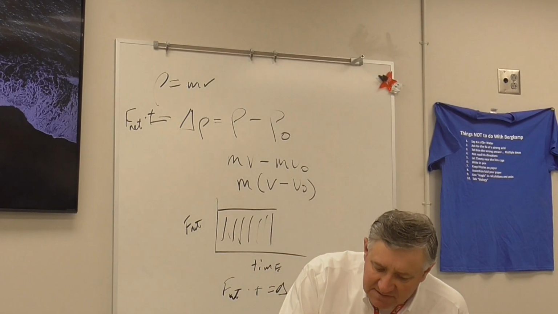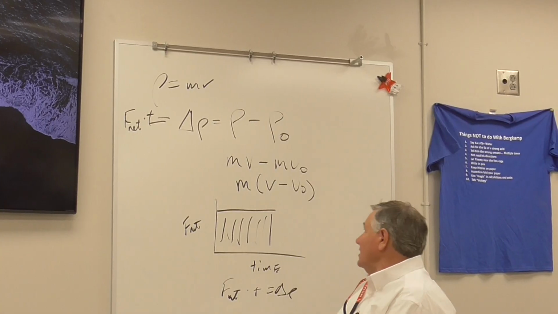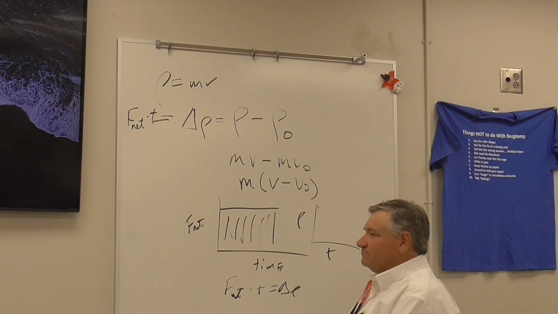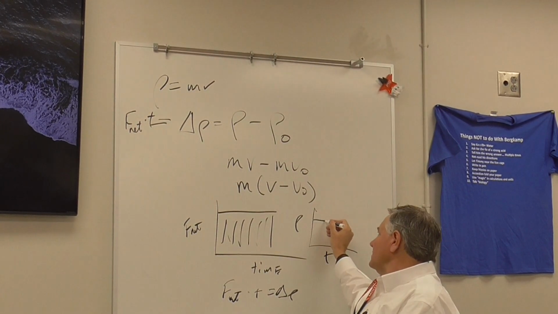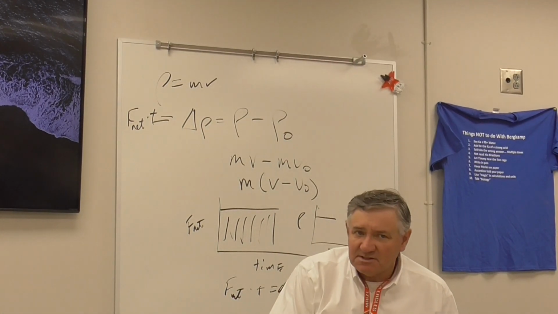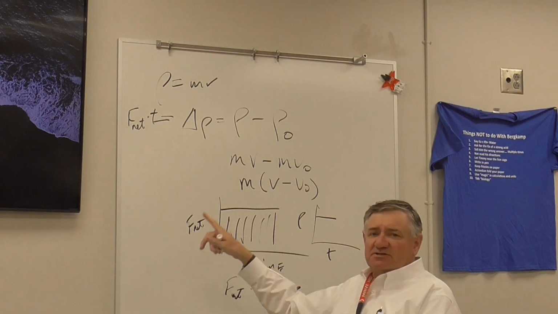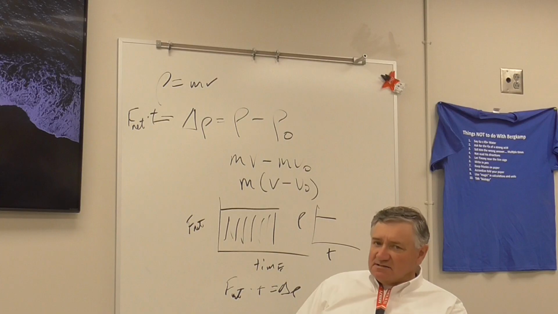Now, when you talk about the slope of a momentum time graph, that's something different. Since this is momentum versus time, think this through. If it's a horizontal line, that just means your momentum is constant and isn't changing. So your velocity is constant, which means you're not accelerating.